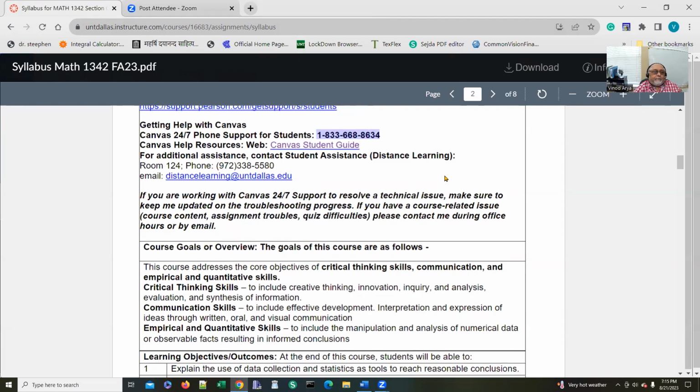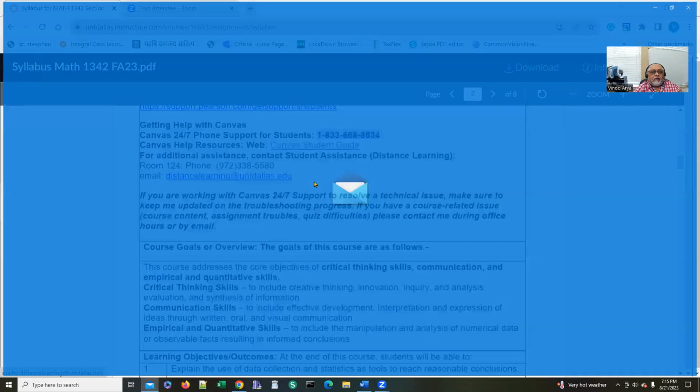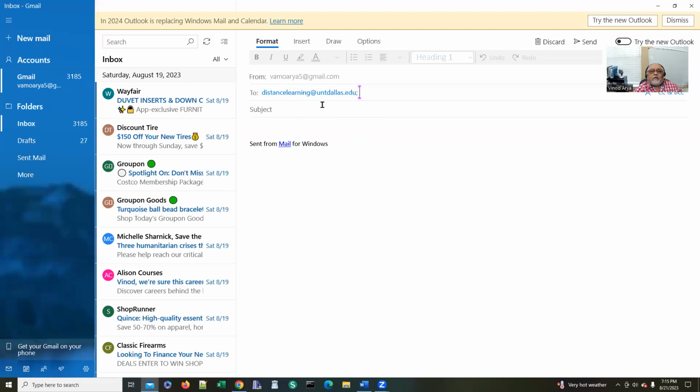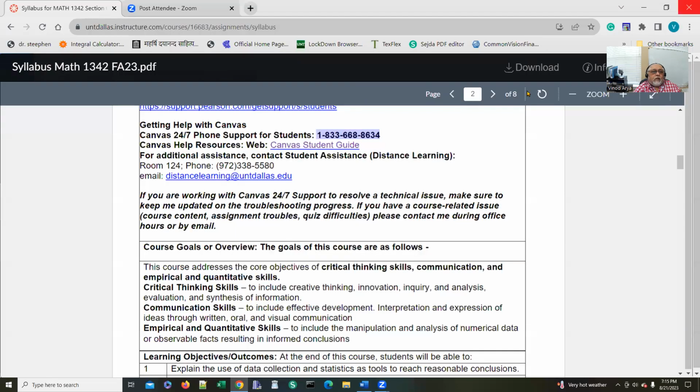So that's what you need to keep in mind. The distance learning, which controls the Canvas operation at campus, is through distance learning at the university, and that's their email. So you can just email if you have any concerns or questions about Canvas.